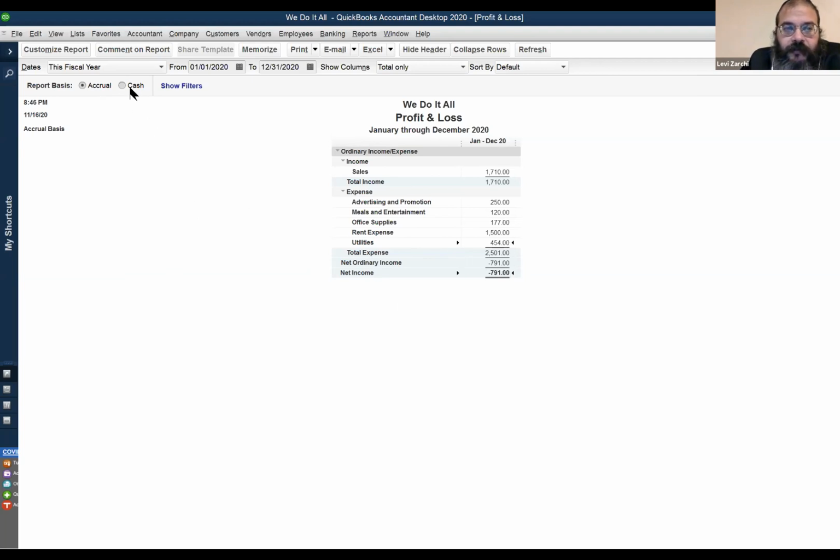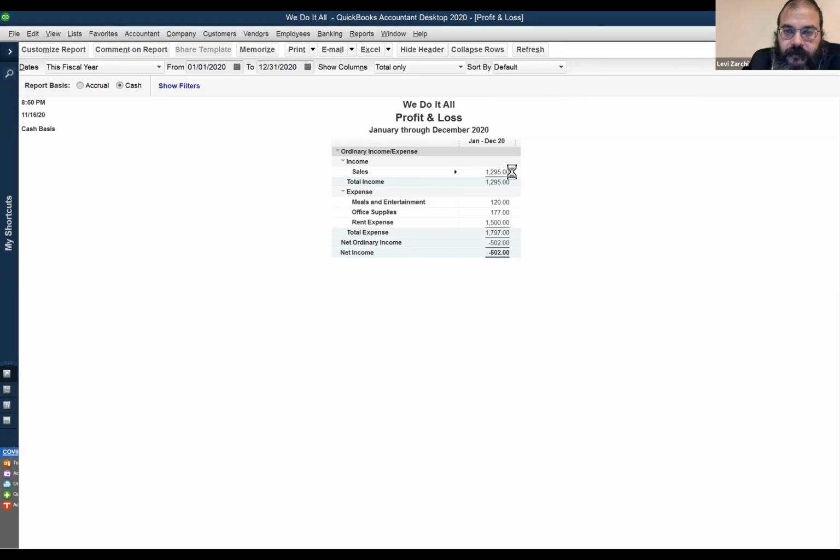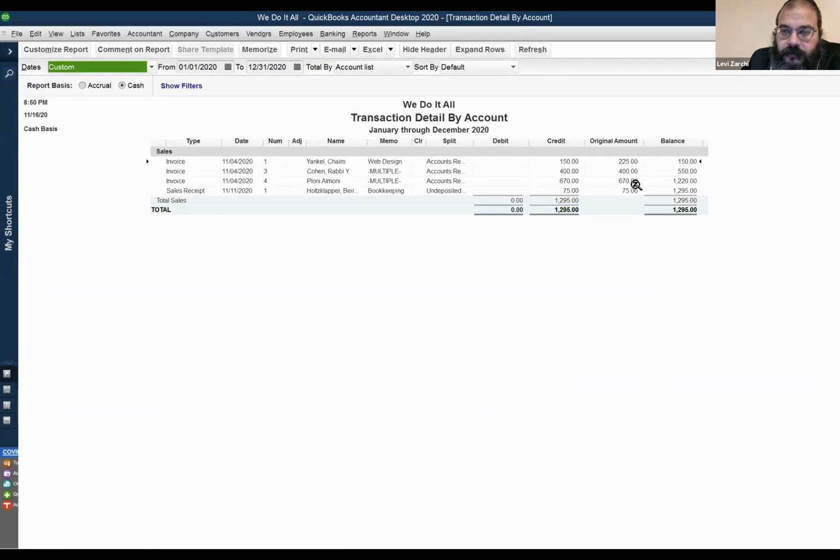What would happen if I touch the cash button? Numbers will change. All of a sudden, our sales went down. We only made $1,295, because if I go and click on it, it's true, the original amount showing here is the invoices, but the credit amount, which is the cash, is only $1,295.